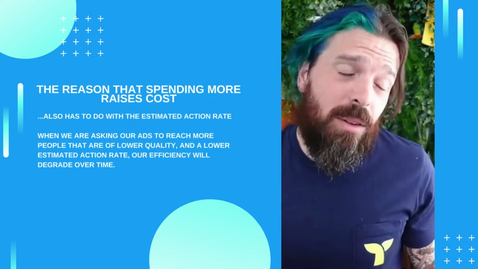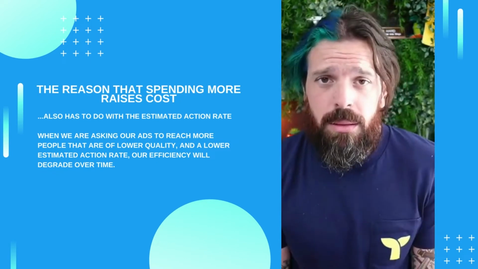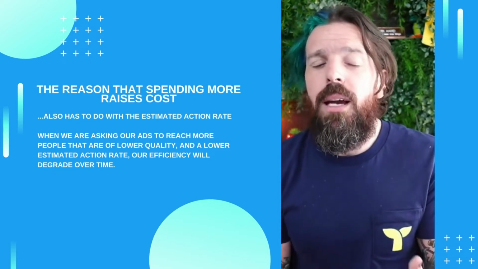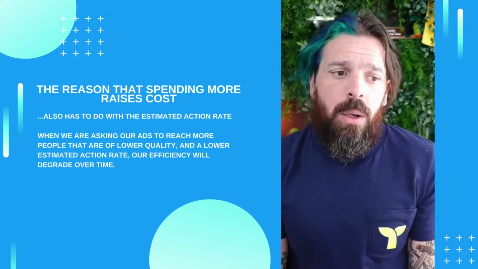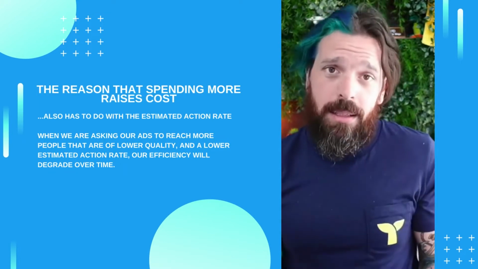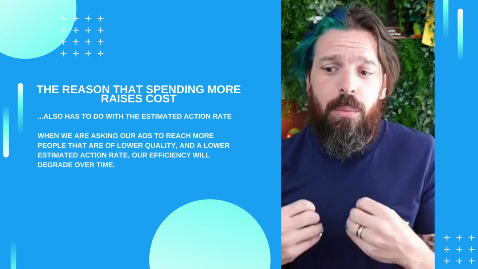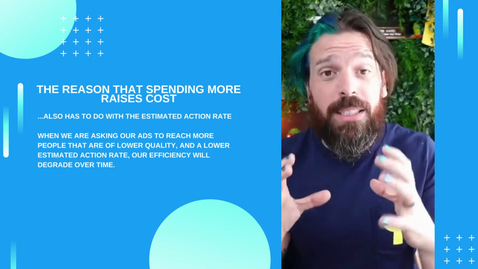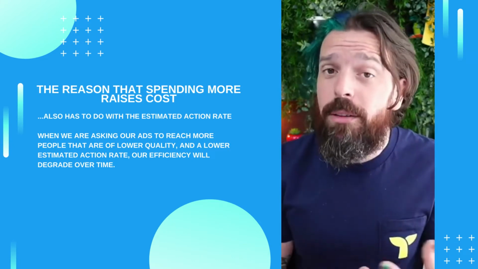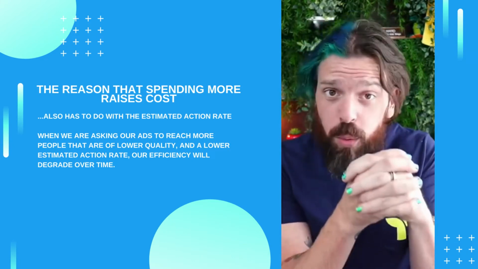Now, the reason that raising the budget increases costs has to do with the estimated action rate. When we are asking our ads to reach more people that are of lower quality, because remember, every ad makes its own audience, and so it's going to primarily target the people that are most wanting to see that ad.